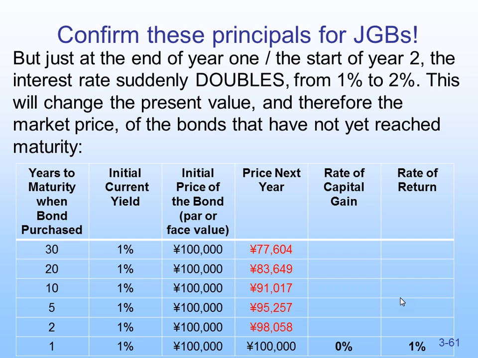So for the 2-year one, the rate of return, if you round it up, is minus 1%. How about for the 30-year one? What's the rate of return for the 30-year one? It is negative. It's negative.